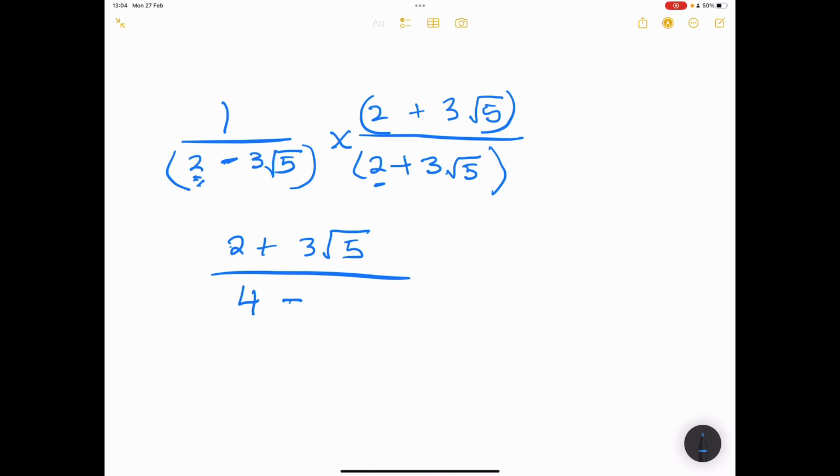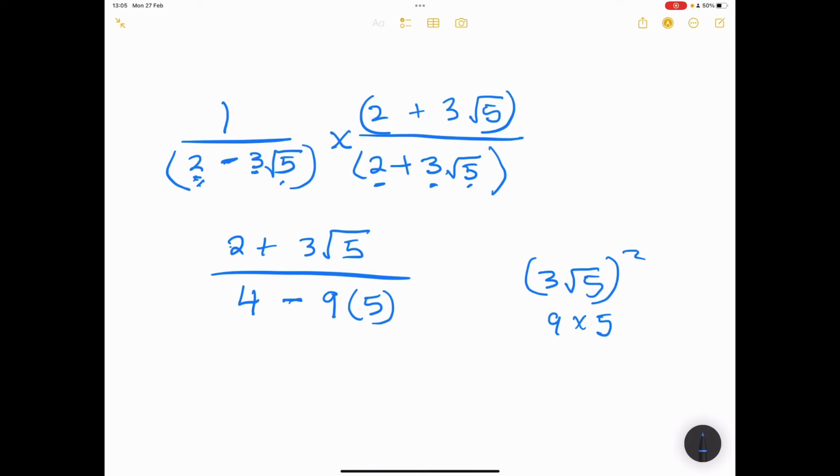And subtract, in this case, you've got 3 root of 5 multiplied by 3 root of 5. So 3 times 3, that would be 9. And root 5 multiplied by root 5 would give me 5. Okay, so in actual fact, you are looking at it as 3 root of 5, all squared, right? So in this case, you'll have 9 multiplied by 5, okay?